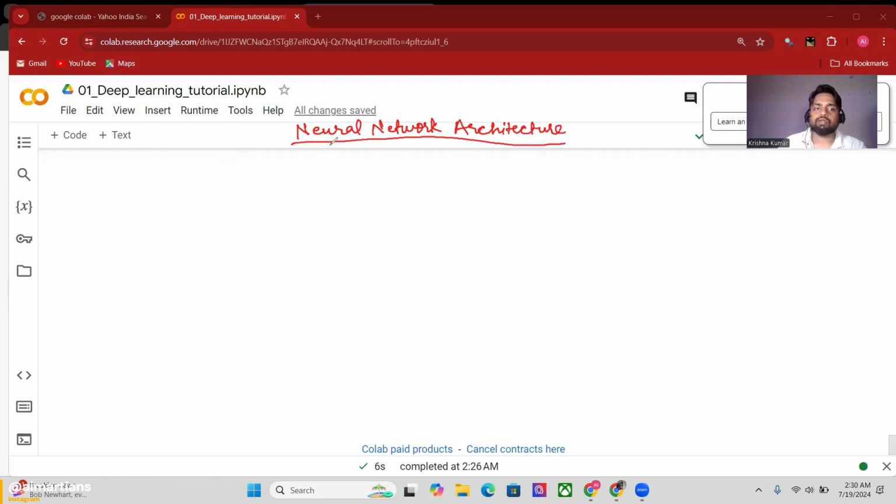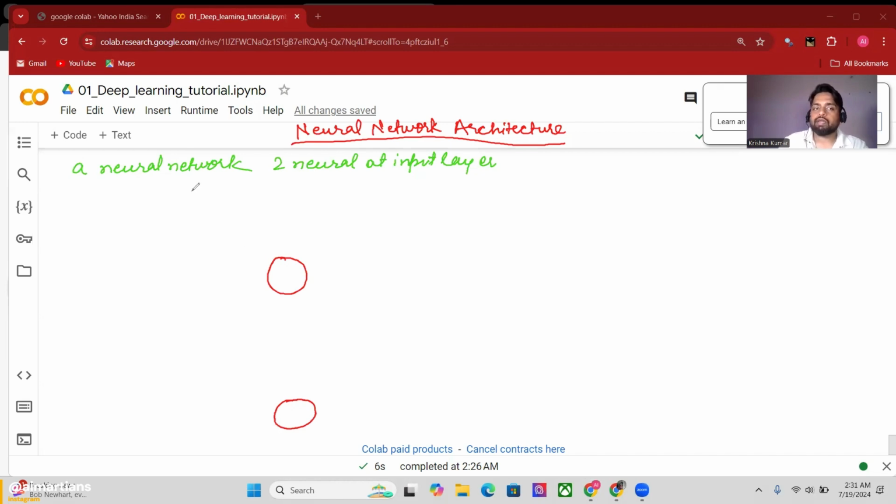So suppose I have a neural network with two neurons at the input layer. Let's draw that first. This is my first input layer neuron, and this is my second input layer neuron.